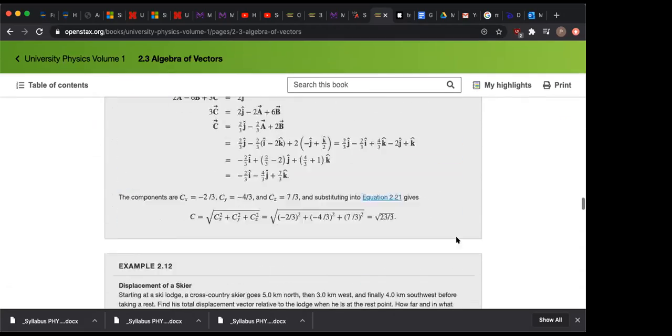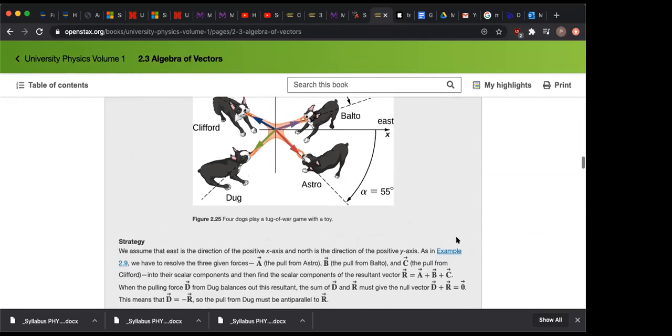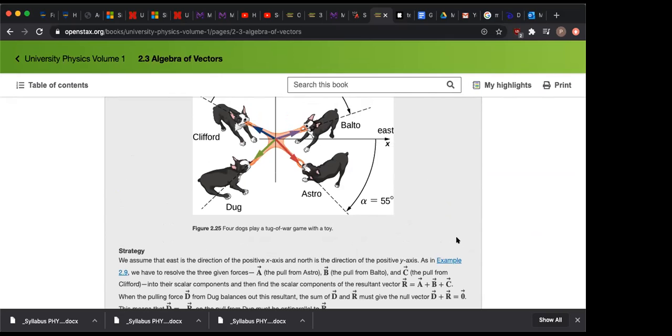I actually don't think I had the example in the book. I think I made the example up. But anyway, we added two vectors together by adding their components together, and then creating new vector components in the x and y directions. And those new vector components were the components of our new vector, our resulting vector.